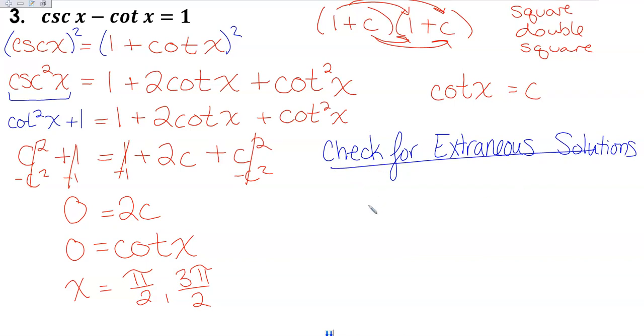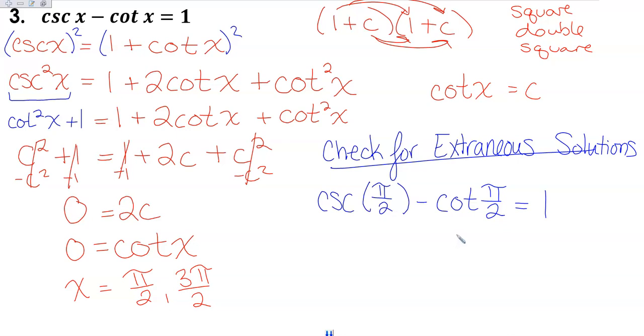All right, and we do that by plugging those back into the original equation. So let's start with pi over 2, and we're going to get the cosecant of pi over 2 minus the cotangent at pi over 2 should equal 1.